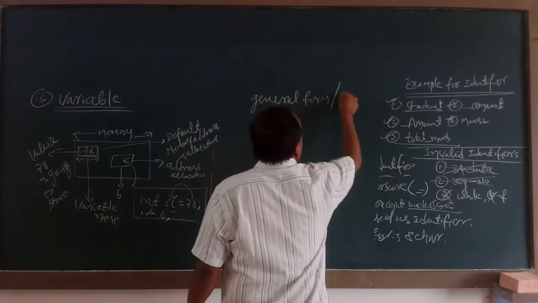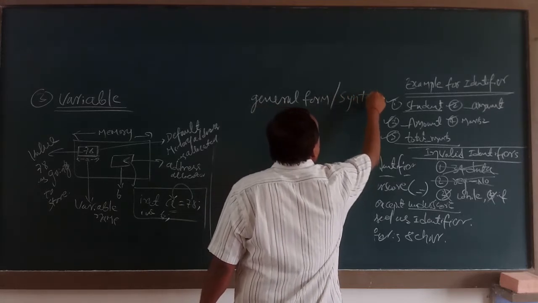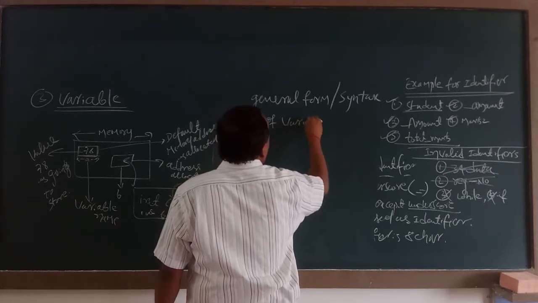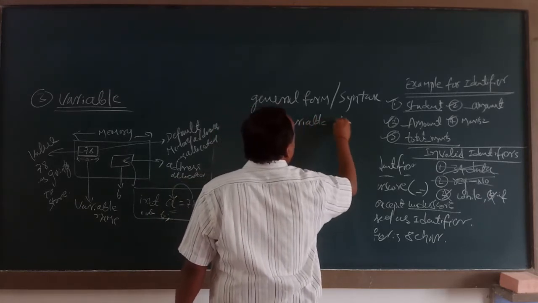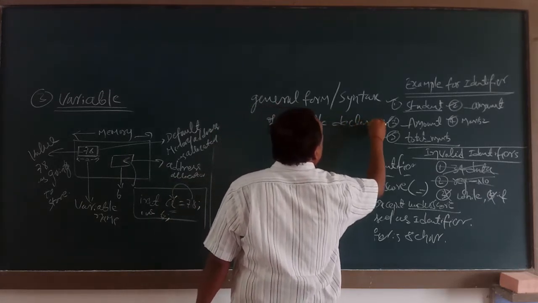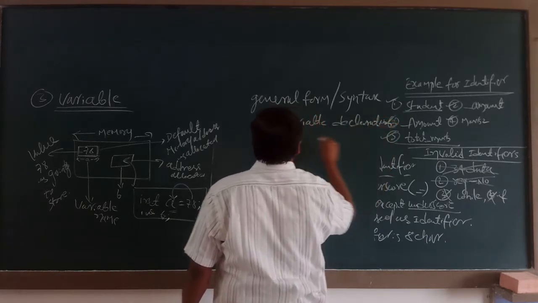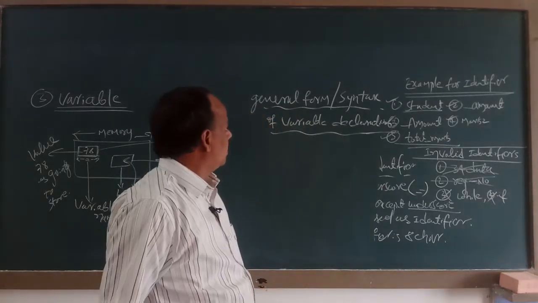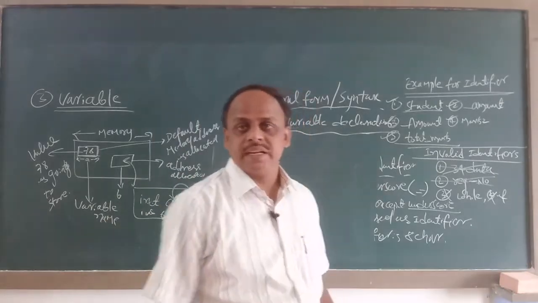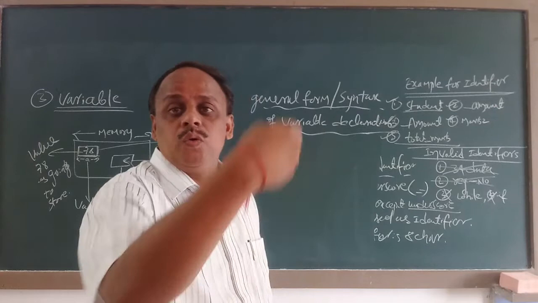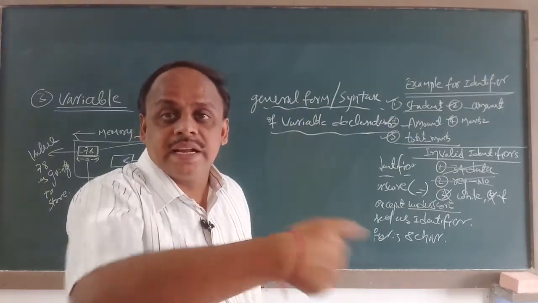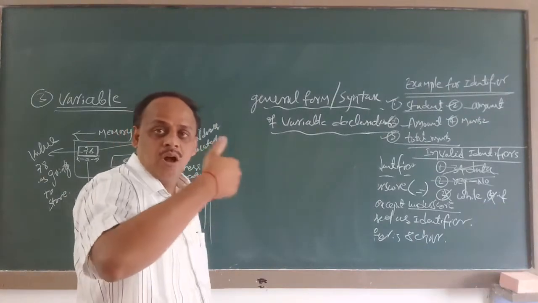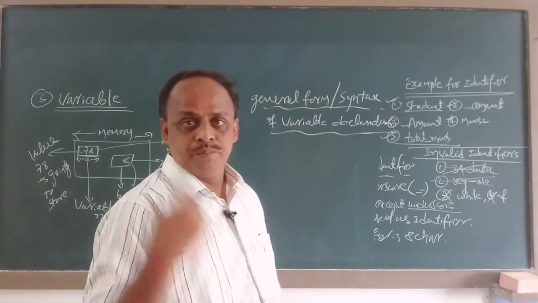It is also called syntax of variable declaration. General form or syntax of variable declaration means how to define or how to declare a variable in the program. That is the syntax, meaning its general form, how to implement a variable in a program.